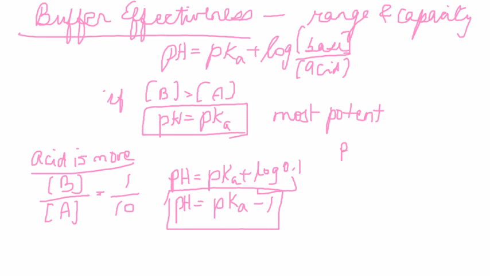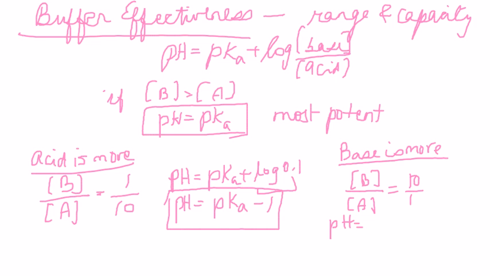If the base component is more, so the negative charge is more, in that case the base is going to be 10 and acid is going to be 1, which is the extreme limit, and so the pH is going to be equal to pKa plus log of 10, which by the way is 1, so pH is equal to pKa plus 1.